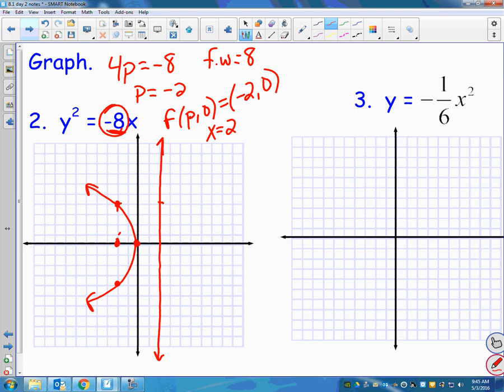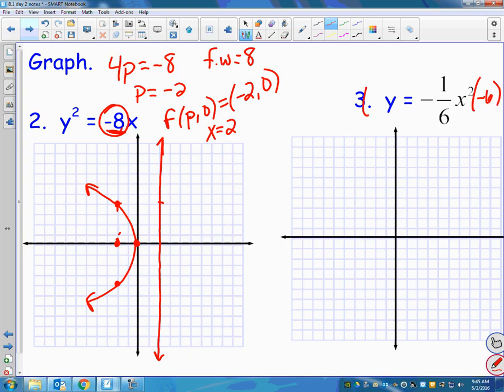Be really careful, though, on questions like number 3, because it's really easy to do this wrong, because this is not set up properly for us, right? Do you agree with that? Because we want the squared one by itself. So the first thing you need to do is multiply both sides by -6, because I want to get the x squared by itself.